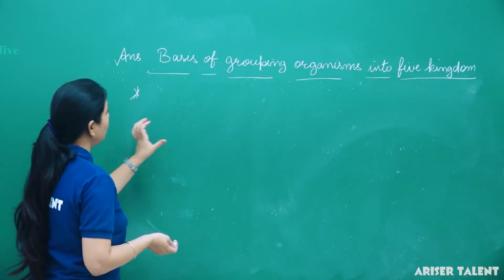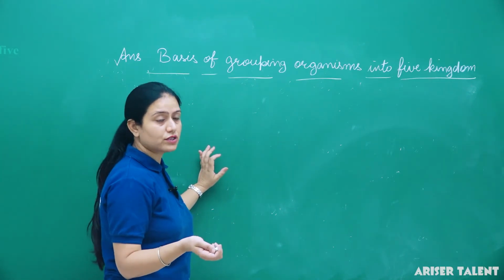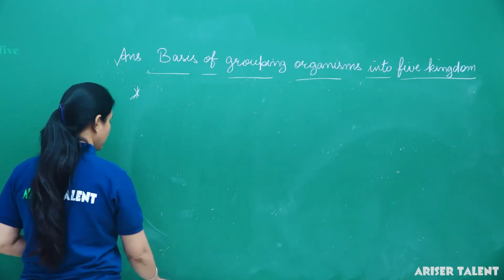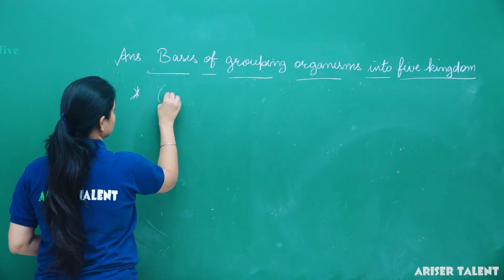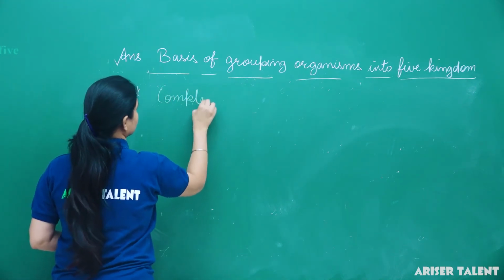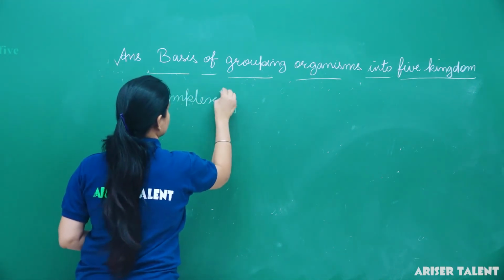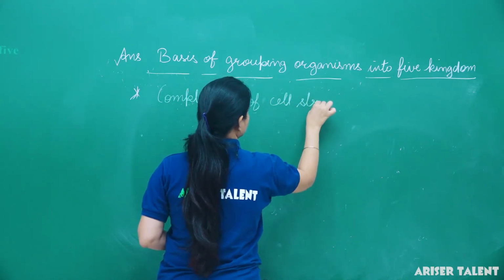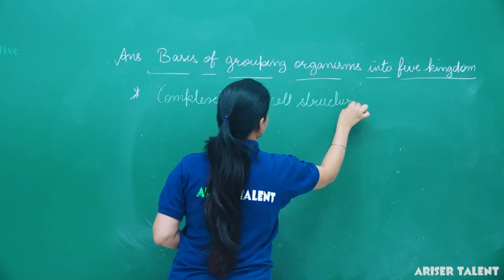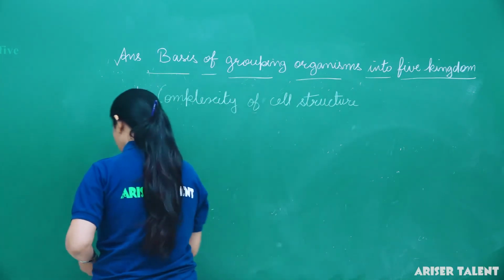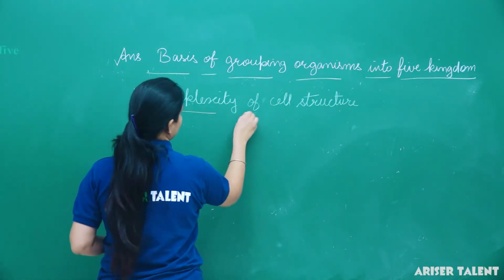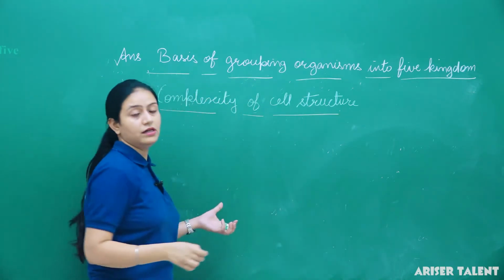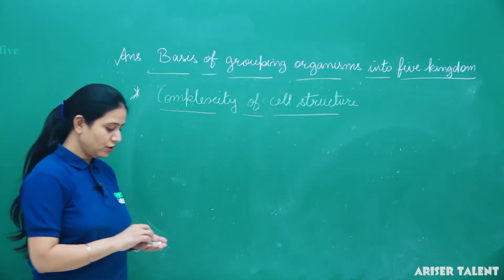Number 1, complexity of cell structure. The first feature is complexity of cell structure, whether the cell is prokaryotic or eukaryotic.